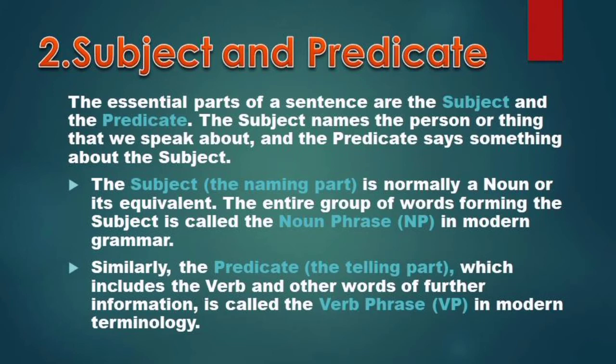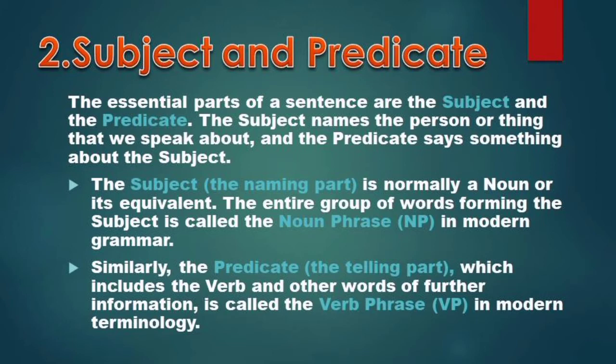The subject, or otherwise we can call it the naming part, is normally a noun or its equivalent. The entire group of words forming the subject is called the noun phrase, or NP, in modern grammar.